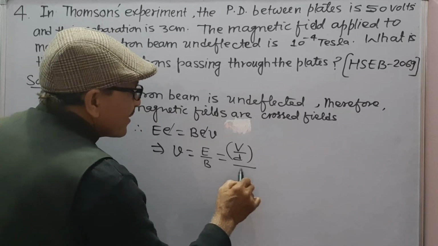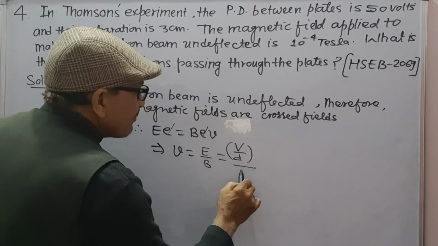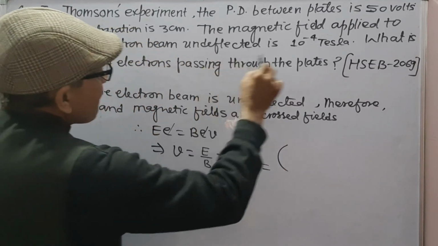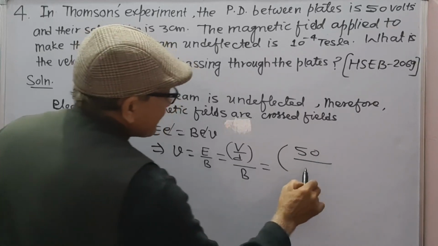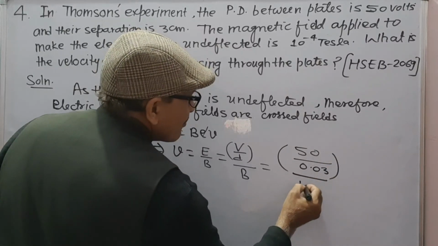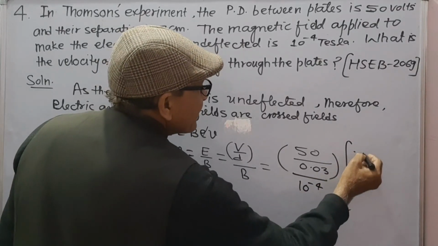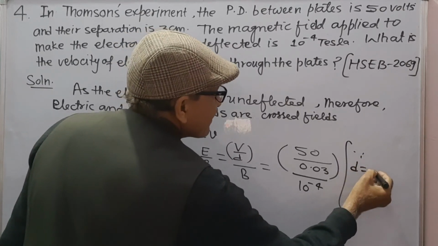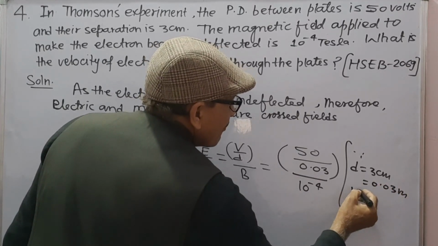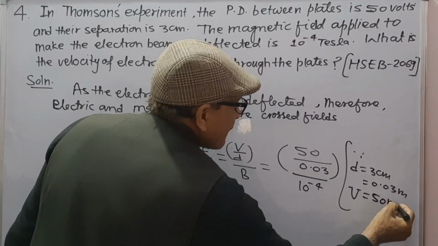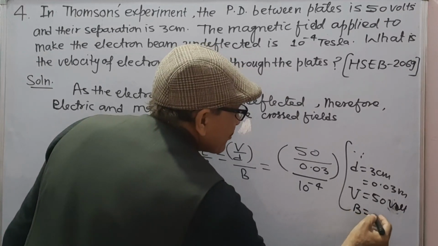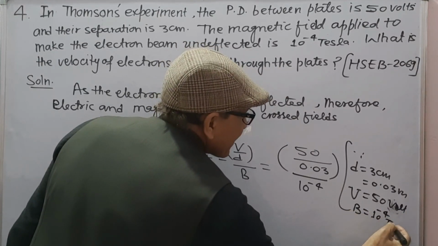Therefore, velocity v will be equal to V by d upon B. Now putting the values, V is 50 volt, d is 3 centimeter, means 0.03 meter, and B is 10 to the minus 4 Tesla.